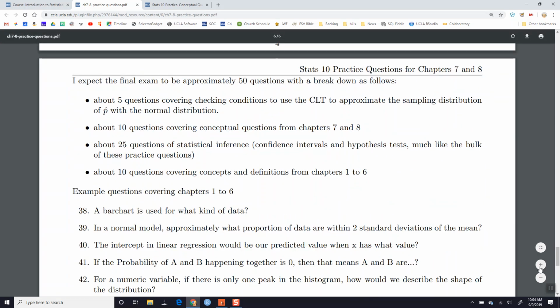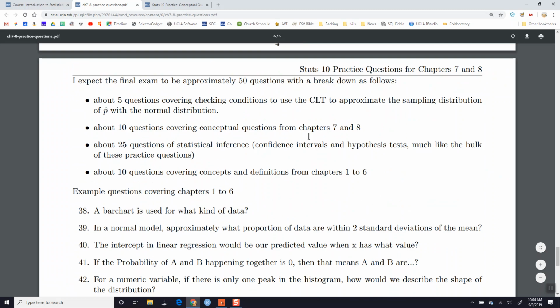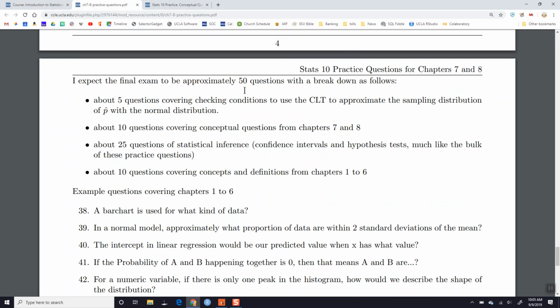And this is what I've written about the final exam, which says I expect about 50 questions or so, and it's going to be all multiple choice. And the exam will cover only through chapter 8.